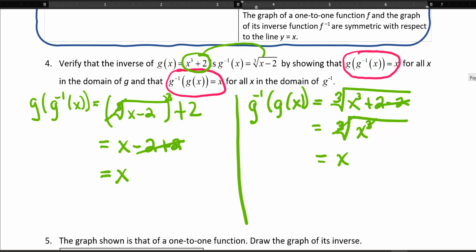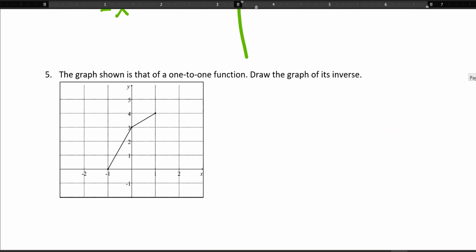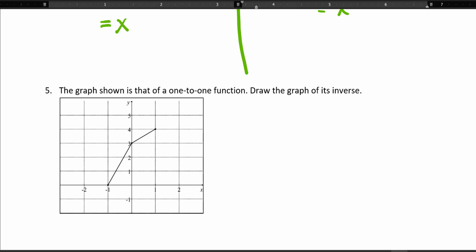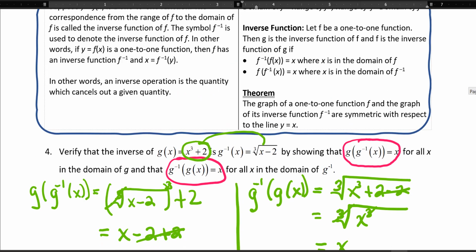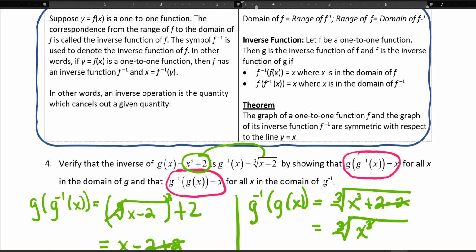Let's look at the next example. It says the graph shown is that of a one-to-one function. Draw the graph of its inverse. If we go back to our notes, we have a theorem: the graph of a one-to-one function f and the graph of its inverse function f inverse are symmetric with respect to the line y equals x.